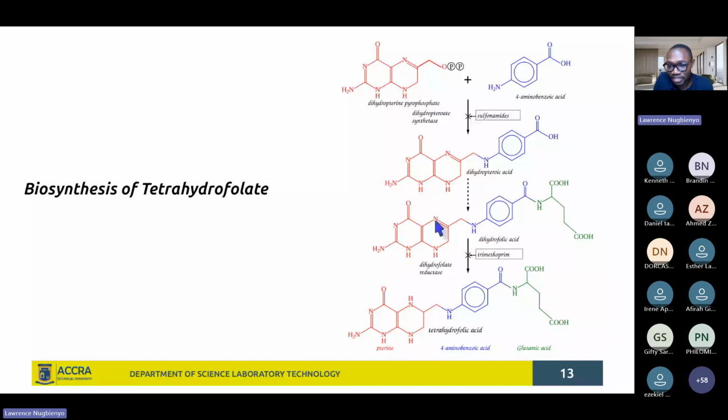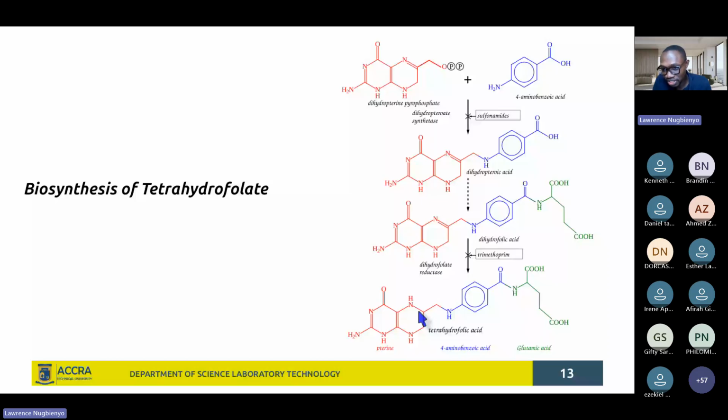This nitrogen does not have a hydrogen on it, and it even has a double bond. If you come down to tetrahydrofolic acid, that nitrogen now has a hydrogen on it, and the double bond is gone. So that's a form of reduction. There is some transfer of a hydride onto that nitrogen, and the double bond is also gone. And so that reaction is a reduction reaction.